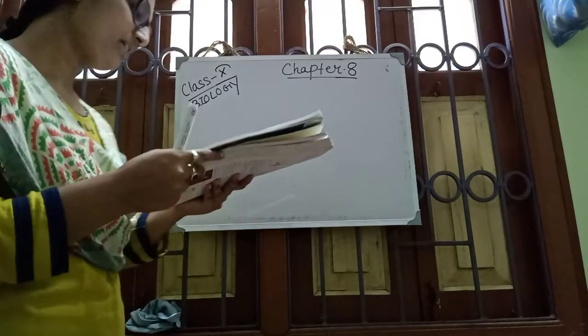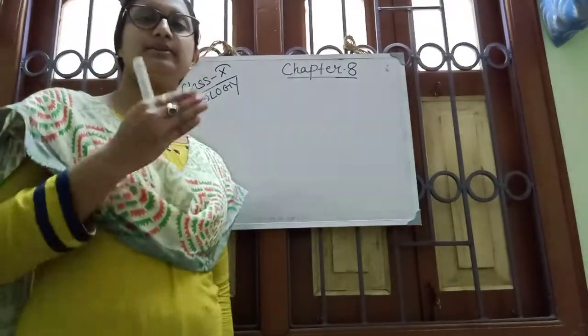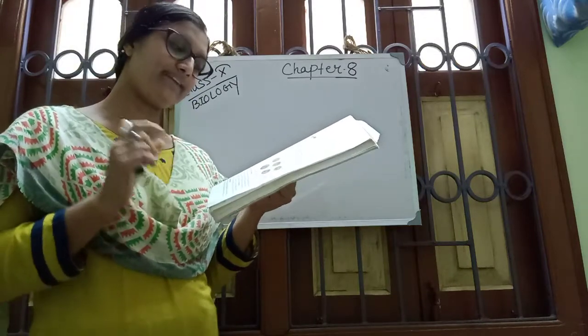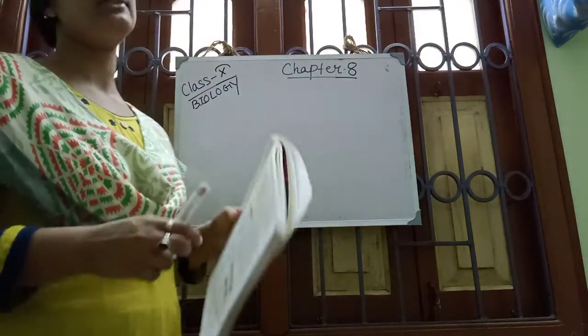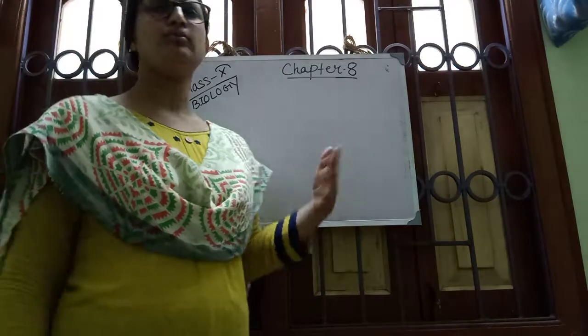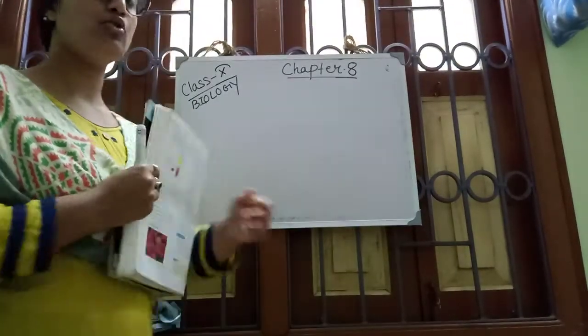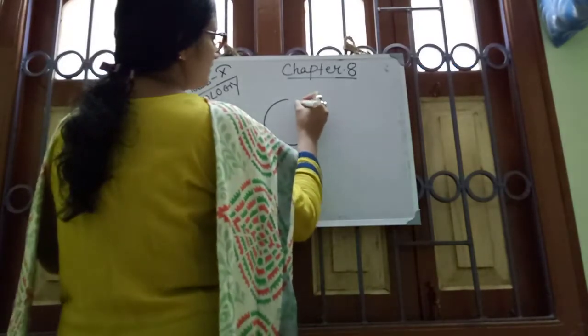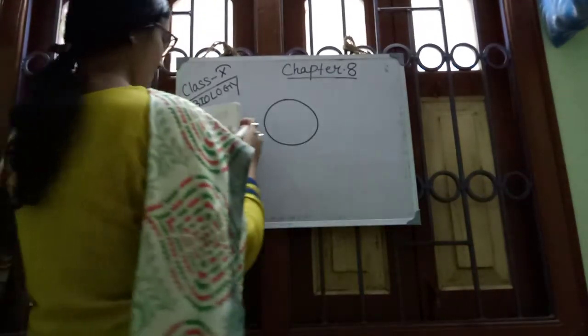Neutrophils are found at 50 to 70% in the blood. The neutrophil cytoplasm has fine granules, and the nucleus has 3 to 6 lobes. Different types of lobes are there, and granules. This is the neutrophil.